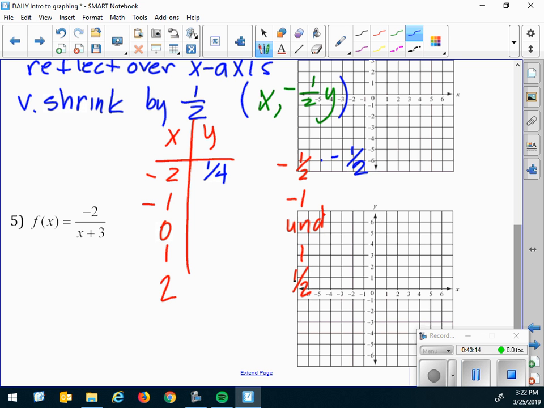Multiply straight across. 1/4. Still undefined. Negative 1/2. Negative what? 1/4.